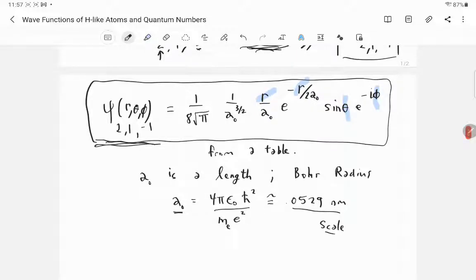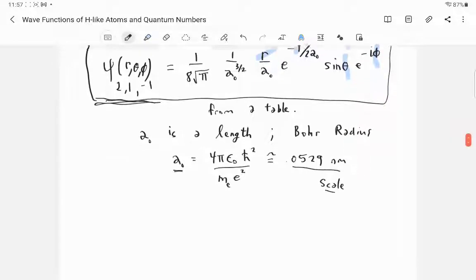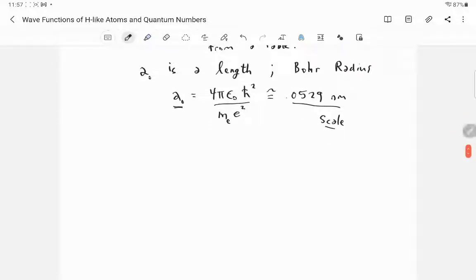So let me remind you of how this fits into Schrodinger's equation. Schrodinger's equation in r, theta, phi coordinates looks like the following.